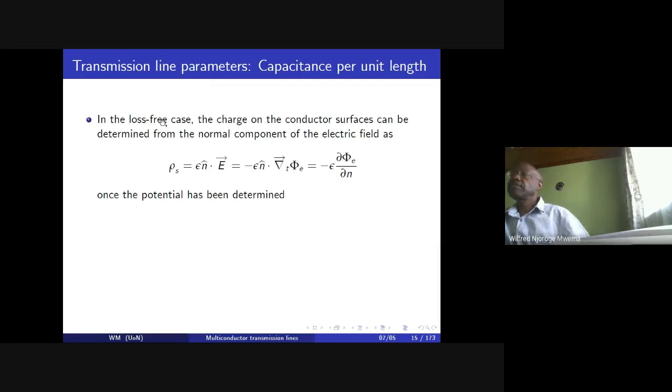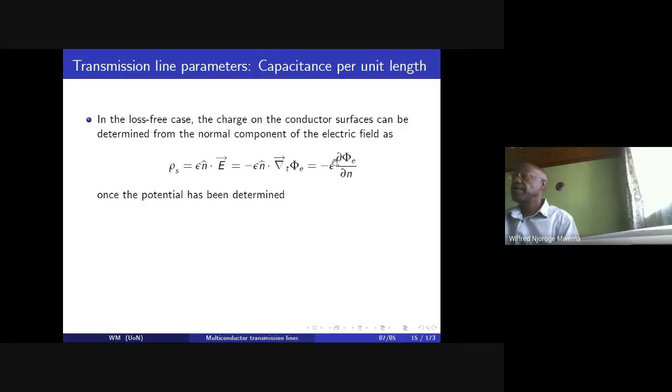So, in the loss-free case, the charge on the conductor surfaces can be determined from the normal component of the electric field as rho_s equal to epsilon multiplied by the normal component of E, which is equal to minus epsilon multiplied by the unit outward normal on the conductor dotted with the gradient of phi_E. Phi_E is the electric scalar potential, and we know that E can be defined as the negative of the gradient of the potential.